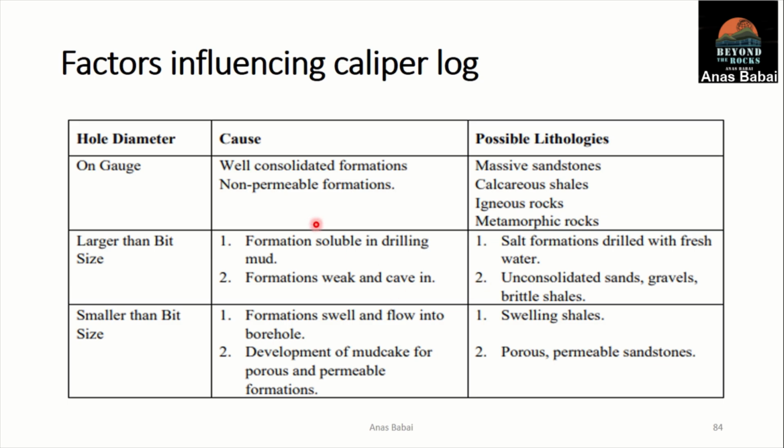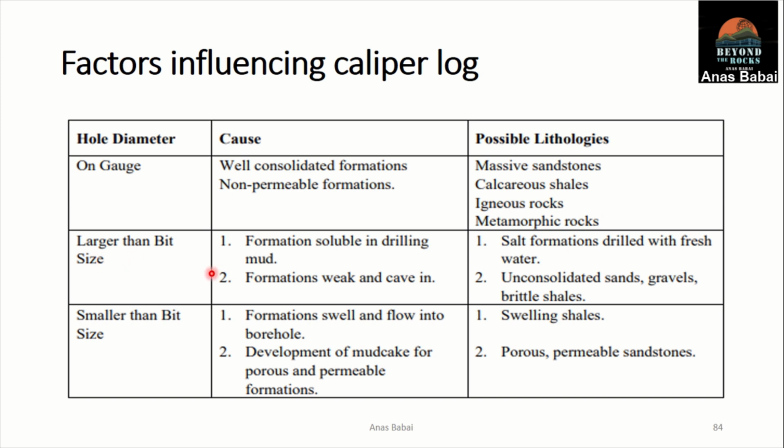The cause is a well consolidated formation, that is, the formation is solid and intact and self-supporting, and non-permeable. So it means that it's a very hard rock that contains no permeability, and the possible lithologies for that are acid sandstone, calcareous shale, igneous rock, or metamorphic rock.